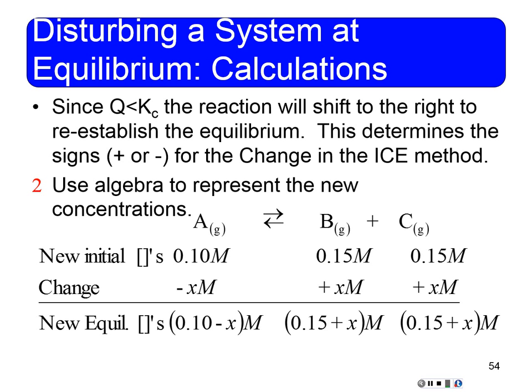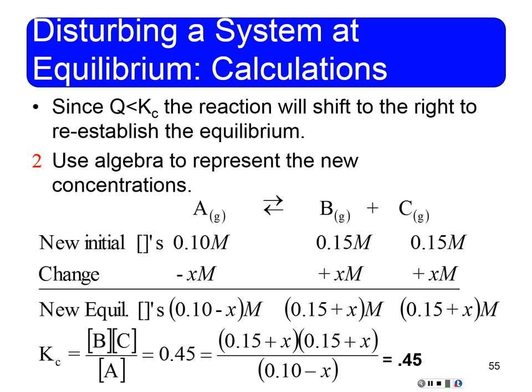One of the most forgotten things, this is the same. Nothing changed here. You're going to set up your KC. This is what we're trying to find, right? We're trying to find our new equilibrium concentrations. You're going to take this, which is an X, and you have an X here. One of the most forgotten things, and it leads you nowhere, is if you don't set it equal to 0.45.